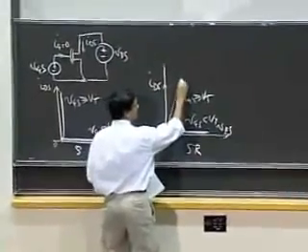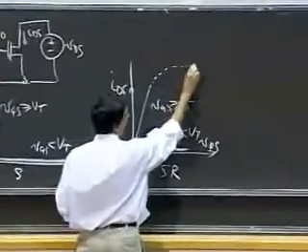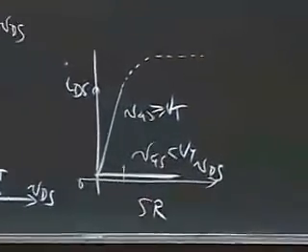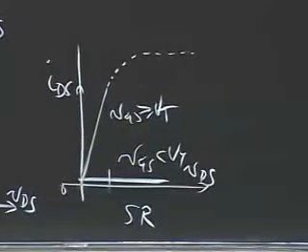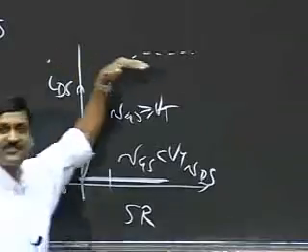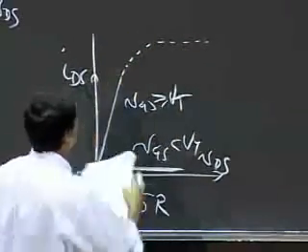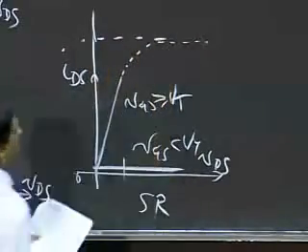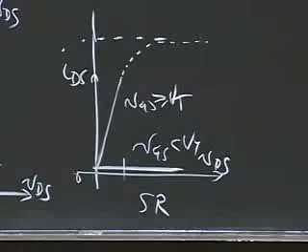Okay? So what's happening here? What's happening here is that as I increase my VDS, the IDS curve tails off and saturates at some value of current. Okay, notice there, it saturates at some value of current.